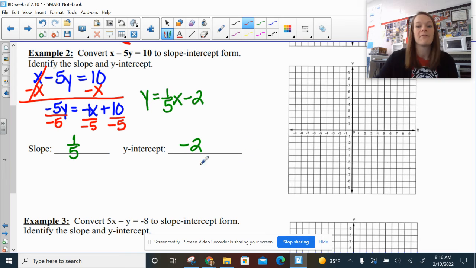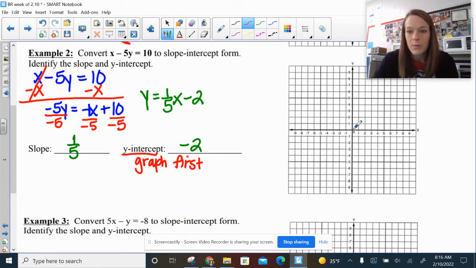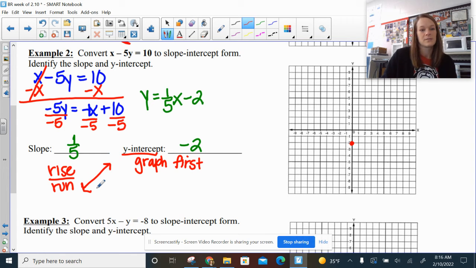Okay, so when you graph it, remember, graph your y-intercept first. So I'm going to negative 2 here. And then I'm going to use my slope. Remember, slope is rise over run. It's positive, so my slope's going to go in that direction.